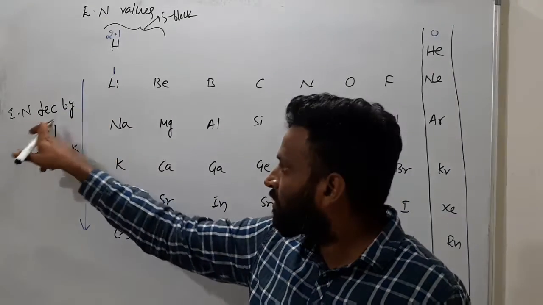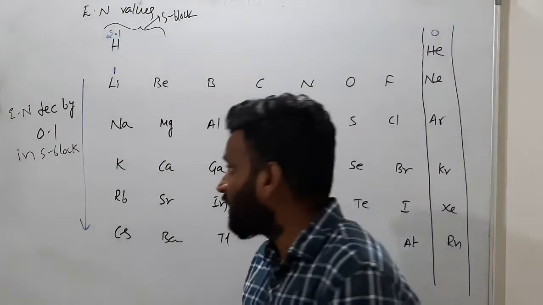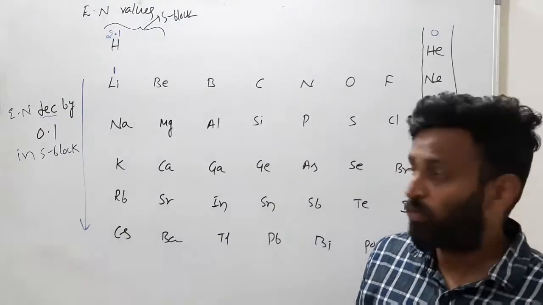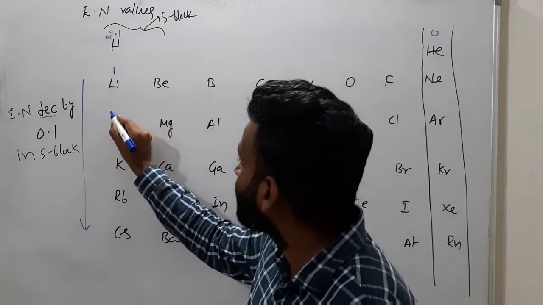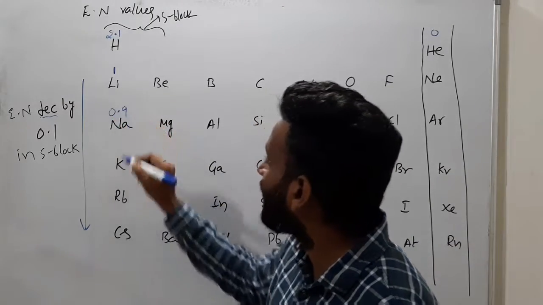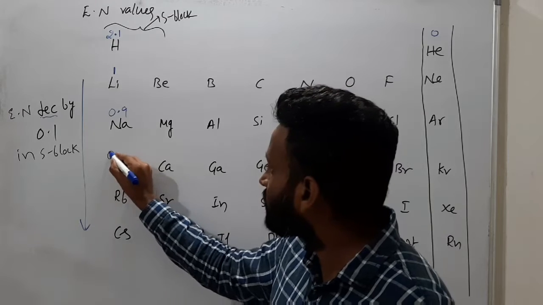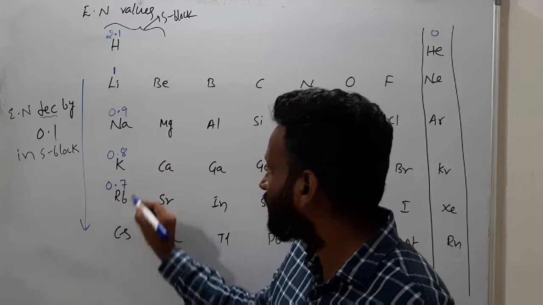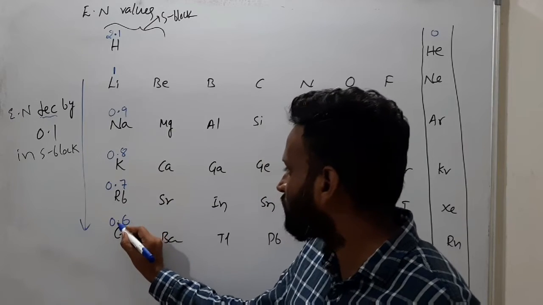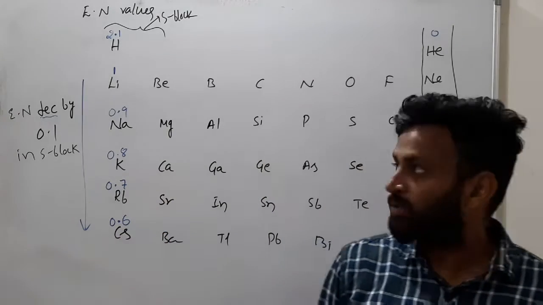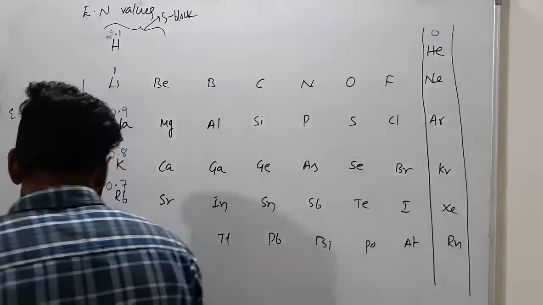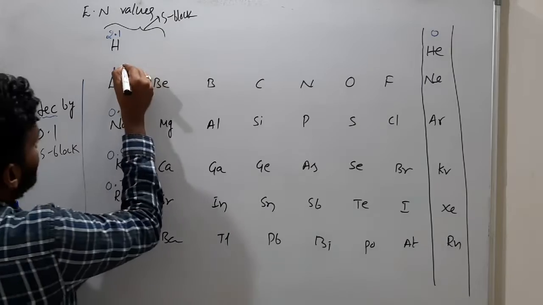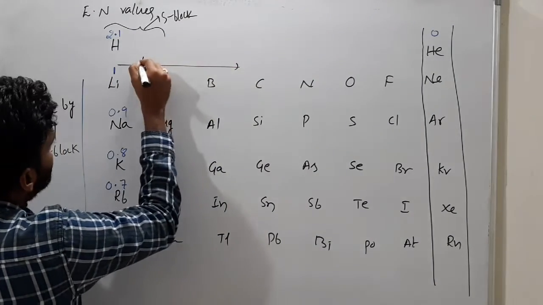Top to bottom it decreases by 0.1. Sodium is 0.9, potassium 0.8, rubidium 0.7, cesium 0.6. These are the electronegativity values. First group over. Now the second period.